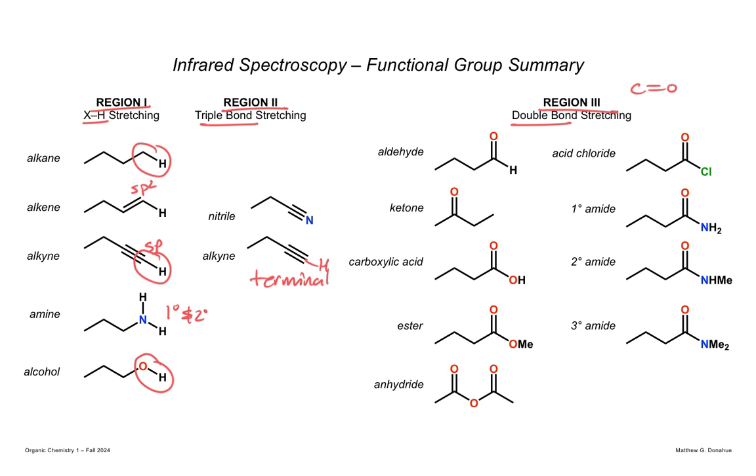So aldehydes, ketones, carboxylic acids, esters, anhydrides, acid chlorides, and the different amides. Again, there's 9 carbonyl containing functional groups. If you're thinking, well, how will I know what that stretch belongs to? There's a little nuance to each of them that differentiates them.